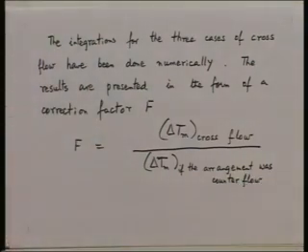That is how the results are presented in the form of correction factor F, which is delta Tm cross flow upon the delta Tm if the arrangement had been counterflow.